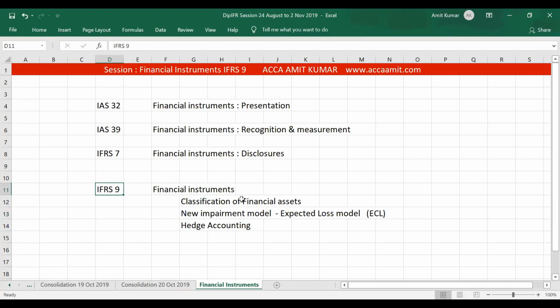So what existed in IAS 39 for classification of financial assets, which no longer exists in IFRS 9, let's have a look at it.